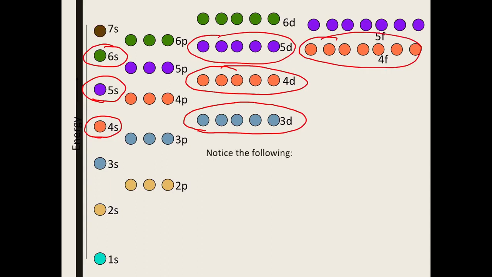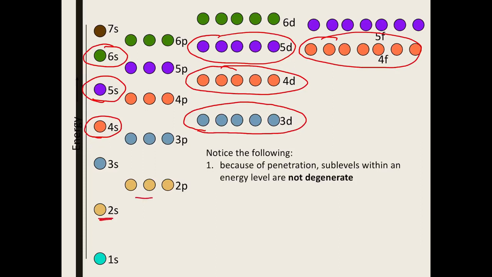There are a couple of reasons why this happens, right? Because of penetration, sublevels within an energy level are not degenerate. What this means is that the 2s and the 2p are not equal in energy, right? The 2s is lower in energy than the 2p because it is experiencing less shielding. It has higher penetration to the nucleus.